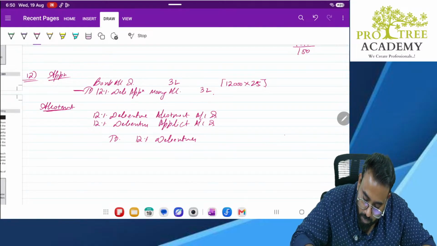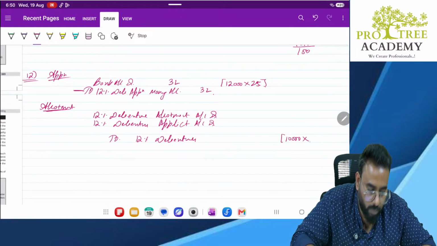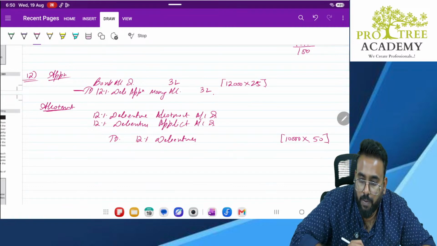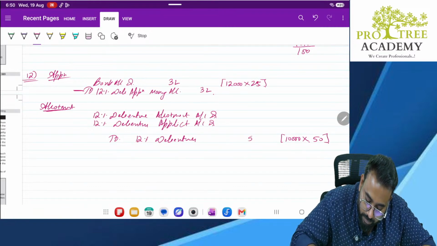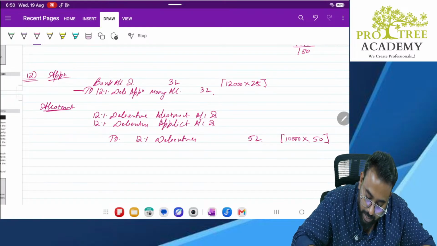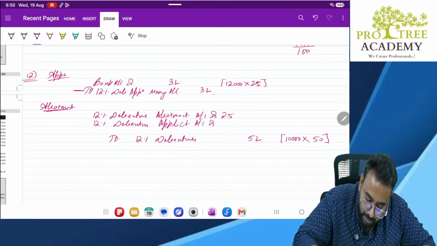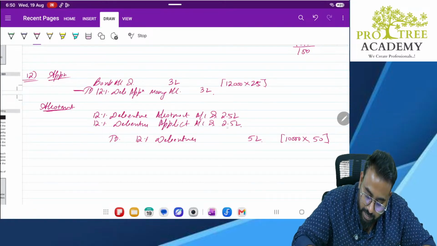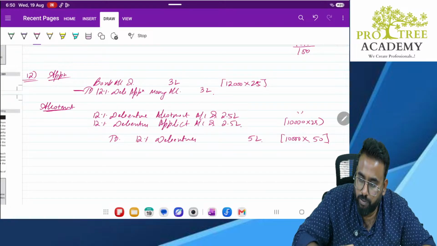Correct? Only 10,000 into how much? 25 plus 25, that is 50. 5 lakhs. Here how much is due on allotment? 25 rupees, so 2.5 lakhs. This 2.5 lakh is nothing but 10,000 into 25. Here also same, 10,000 into 25.